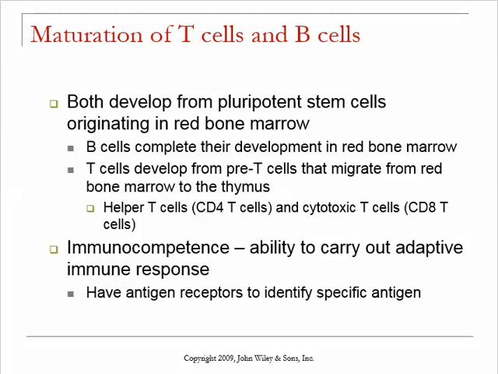Immunocompetence is about whether that T cell or B cell will recognize and react to the antigens. In order to do that, they have to have a receptor to that specific antigen on their cell surface, so that the cell will recognize it.